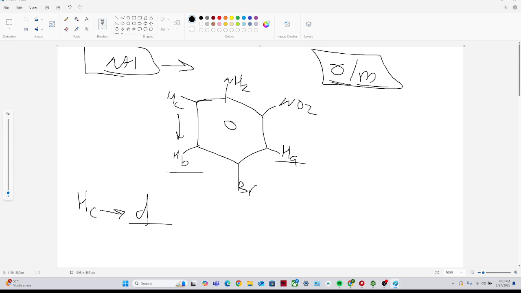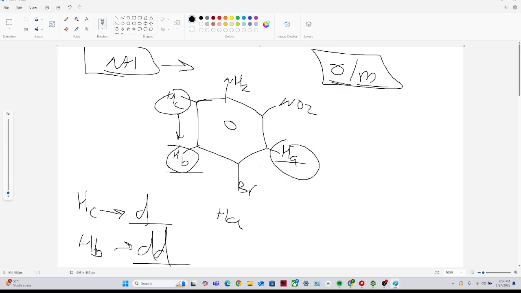What about HB though? HB has two things. It has HC coupling to it, but it also has HA coupling to it. And that means that it has both ortho and meta coupling, meaning that it'll show up as a doublet of doublets. And finally, what about HA? HA only has a meta position, and that means that it's only going to be a doublet.